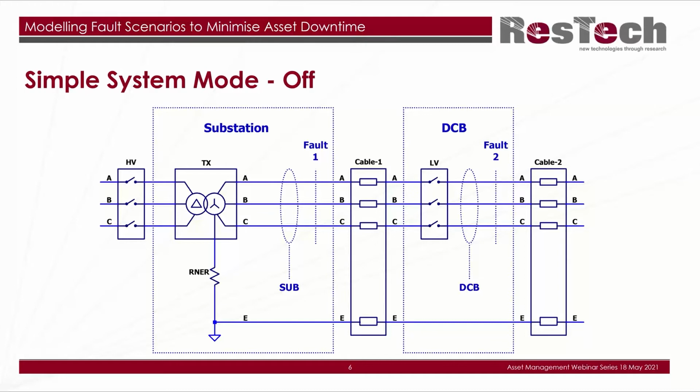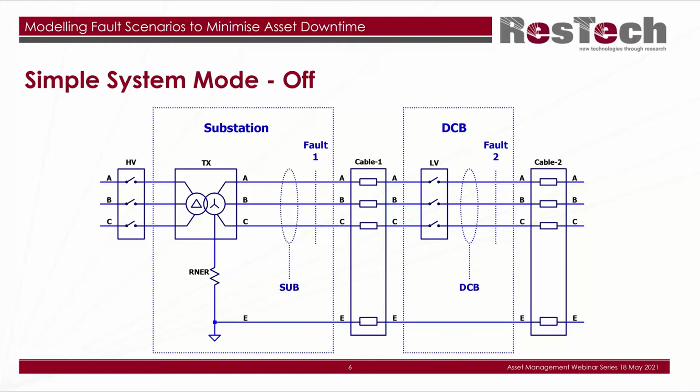But I've still shown it there as the initial state of the system before anything gets powered up. I've noted two fault locations there, which I'll mention again later on. And I've also noted two points of measurement, one labelled sub and one labelled DCB, which will also come up later on when we're looking at the current and voltage waveforms.